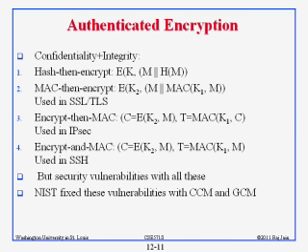Or instead of hash, you could do MAC with one key and encryption with another key. Or you could encrypt it with one key and do MAC with the other key.